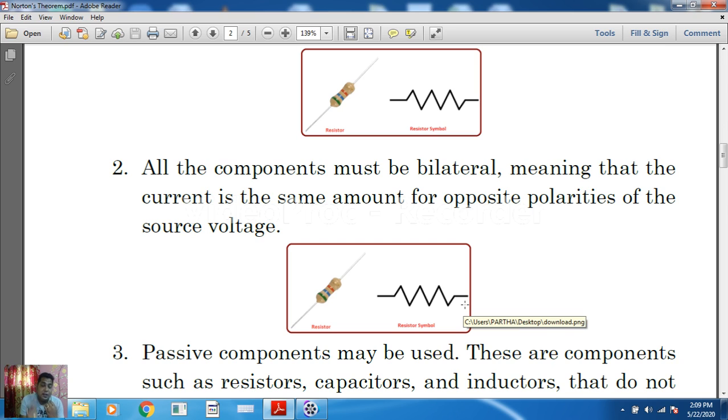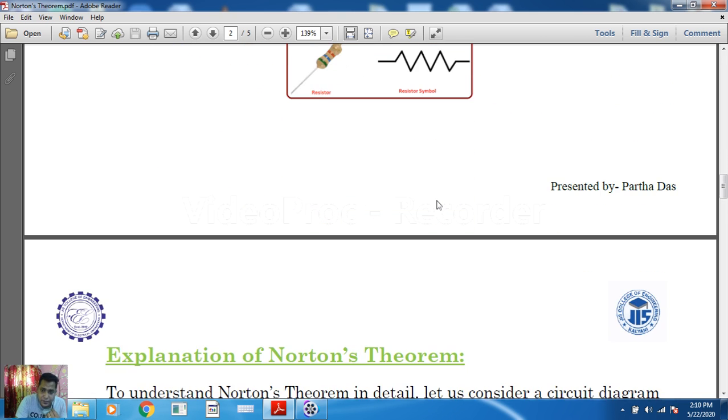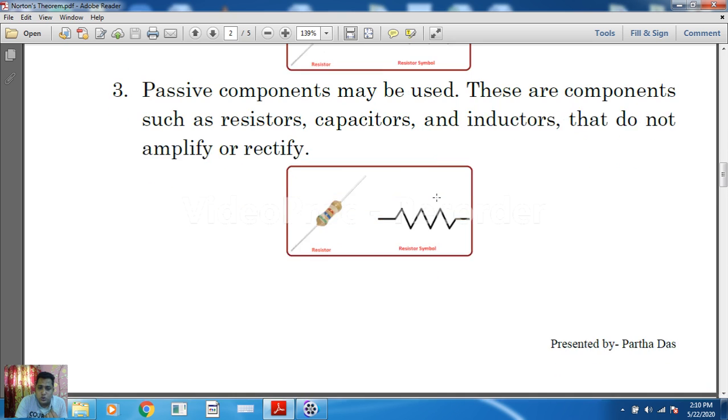And a circuit which contains a bilateral element is a bilateral circuit, correct? And Norton's theorem can be applied there. Okay, now a passive component means one which doesn't have its own source of EMF or current. Resistor, inductor, capacitor, all are passive components as they don't have any own source of EMF, correct? And Norton's theorem can be applied where there is no own source of EMF.